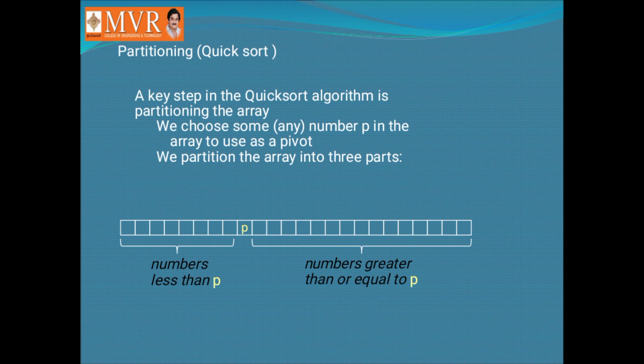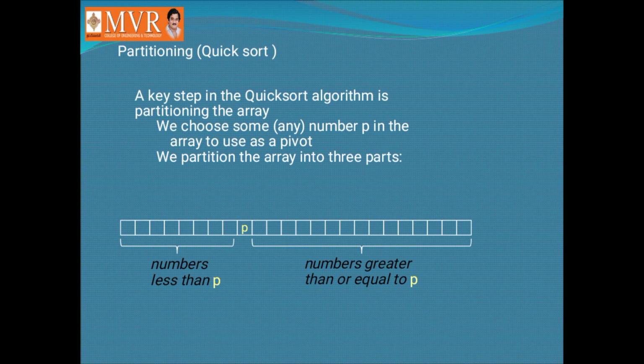Partitioning in quicksort. A key step in the quicksort algorithm is partitioning the array. We choose some number p in the array to use as pivot. We partition the array into 3 parts. Here is an example demonstrating how we partition.